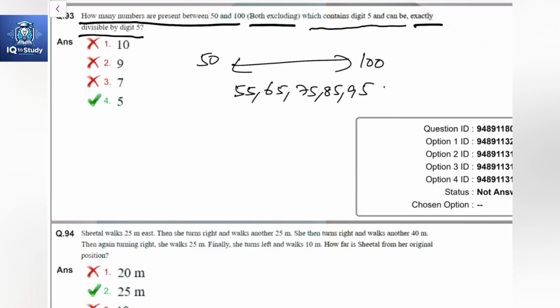So total numbers are 1, 2, 3, 4, 5. So 5 numbers totally. So option 4 is correct.